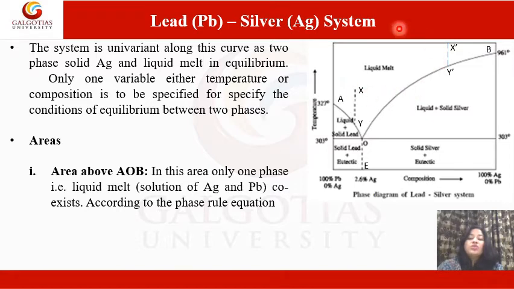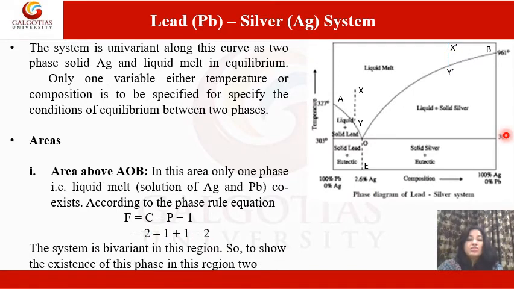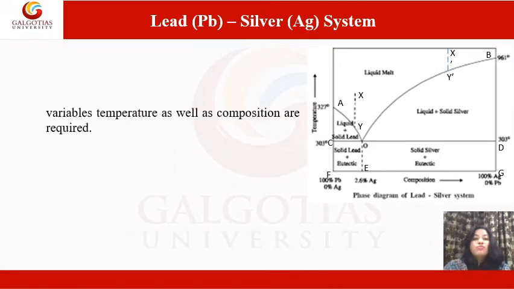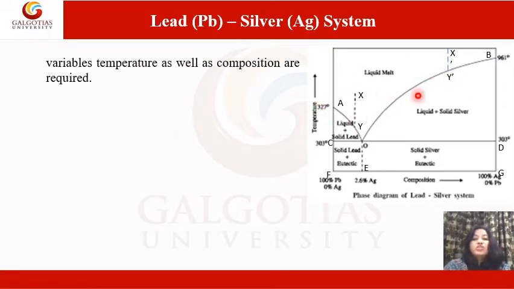So according to the phase rule equation, F is equal to C minus P plus 1, which is equal to 2 minus 1 plus 1, that is 2, means the system is bivariant in this region. So to show the existence of this phase in this region, two variables, temperature as well as composition, are required.